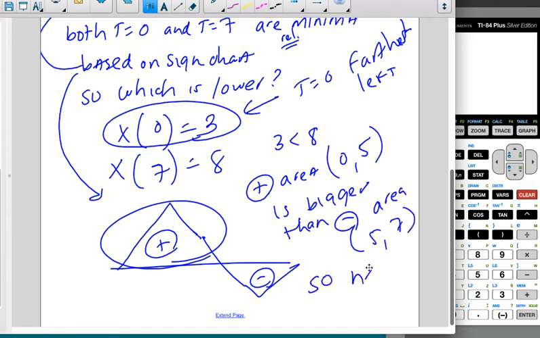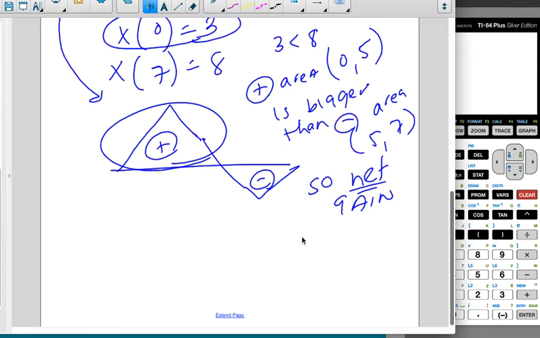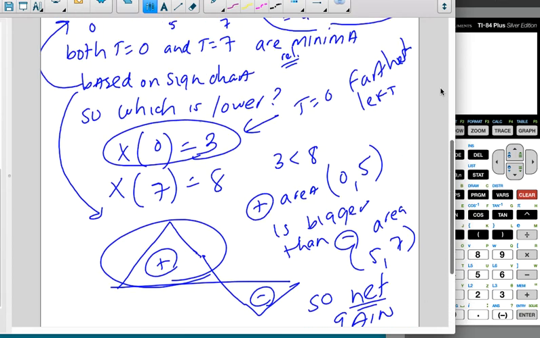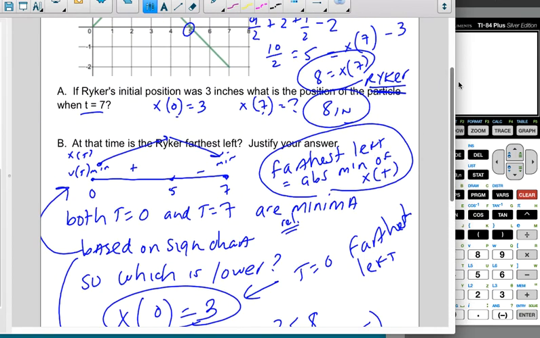So there's a net gain, which is why the initial value is the smallest. So x of 0 is smaller than x of 7, and that's why it's the smallest. So that's another logical way to work through it. But that's sort of the idea.